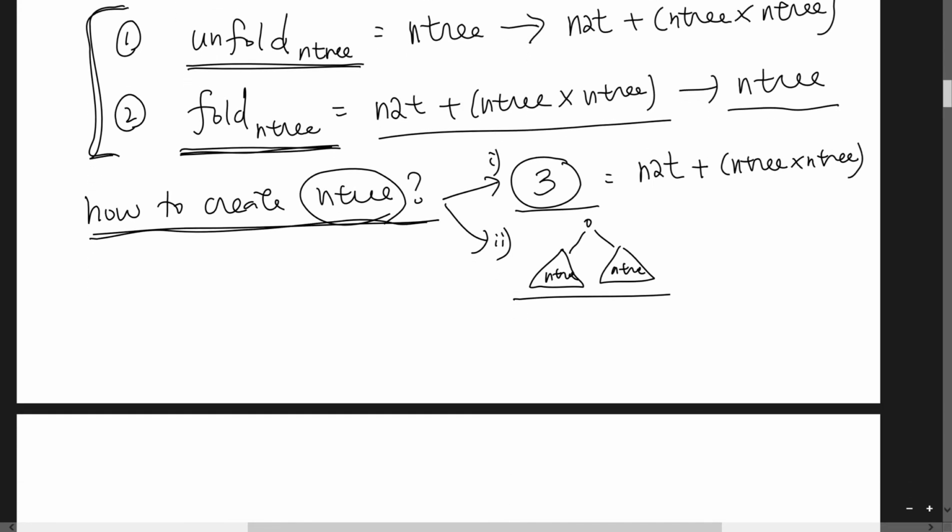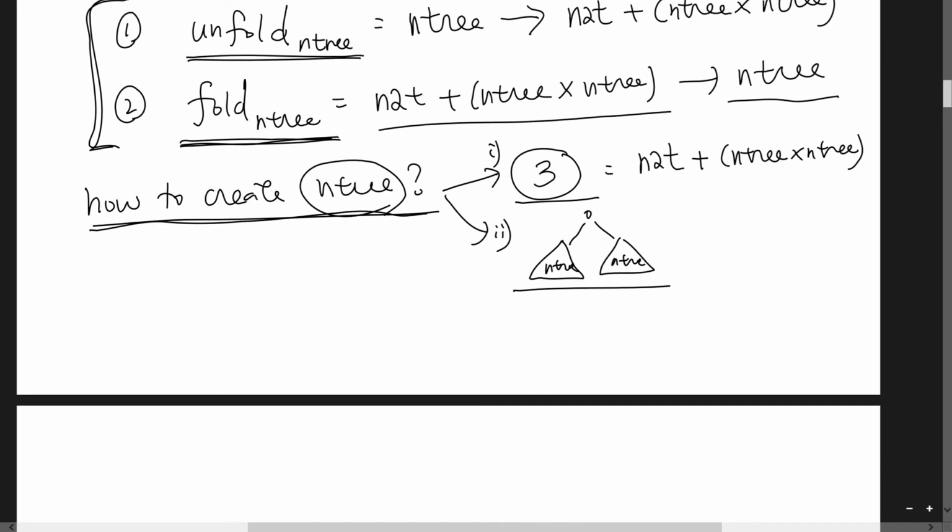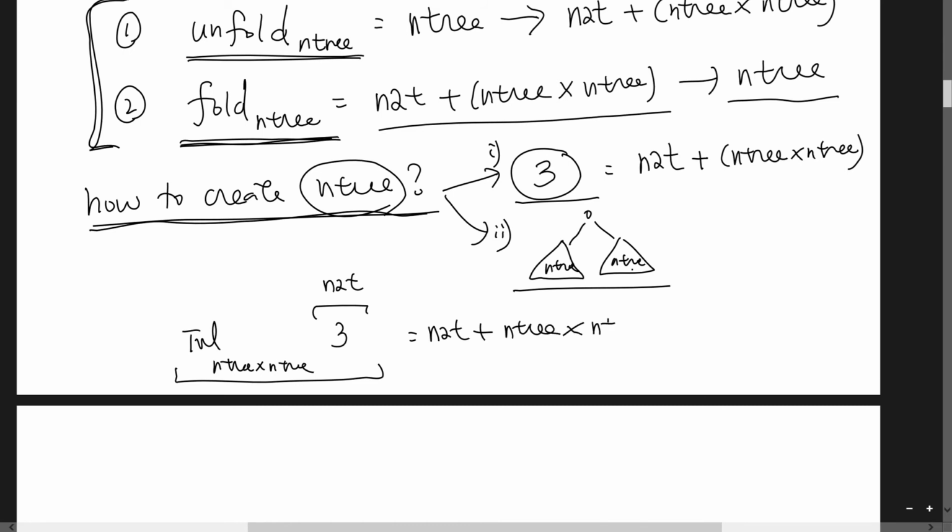So for instance, let's say you have natural number 3. Then you apply injection left with annotated type Nat3 times Nat3. Then this guy has type nat. The whole injection term has type nat plus Nat3 times Nat3.